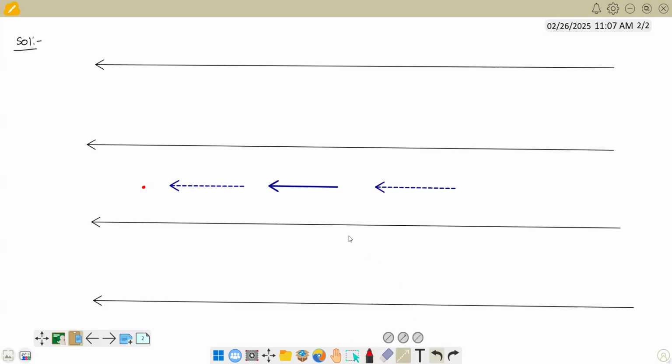But as we have studied on equatorial line, the direction of magnetic field due to the bar magnet would be opposite to the direction of magnetic moment. That means due to the bar magnet, the magnetic field would be in this direction. So this is the direction of magnetic field due to the bar magnet.